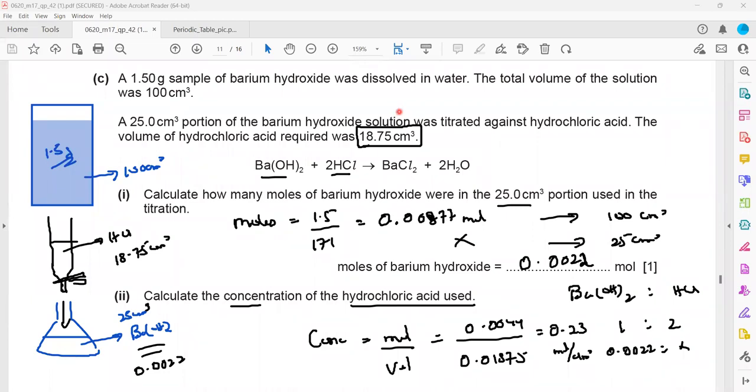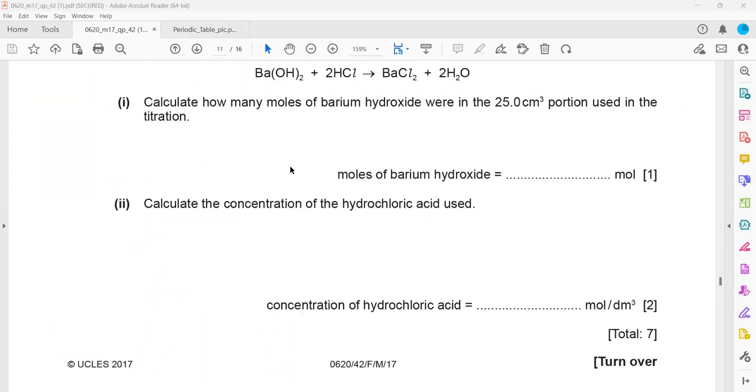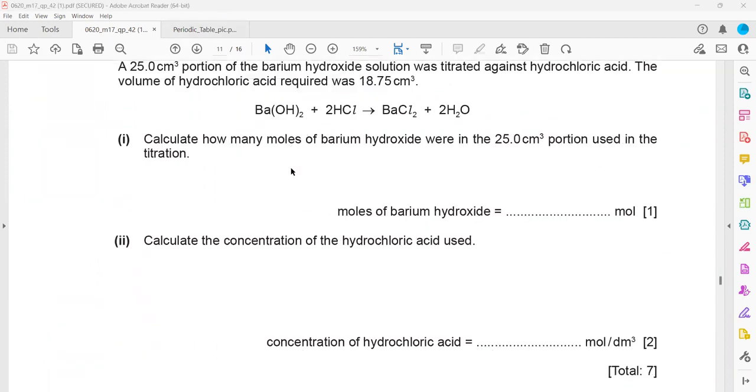If you take 0.0187, that is also fine. So this was a 7-mark question from the Feb March session.